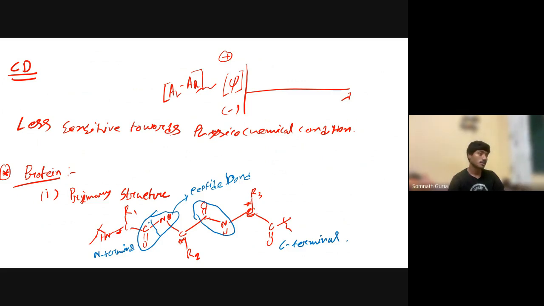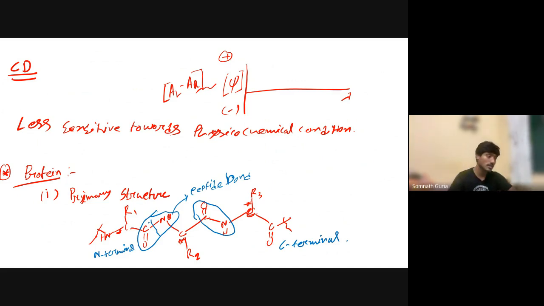In that protein, we are able to find CD activity with respect to the n to pi star transition, the n to sigma star transition, as well as the pi to pi star transition.